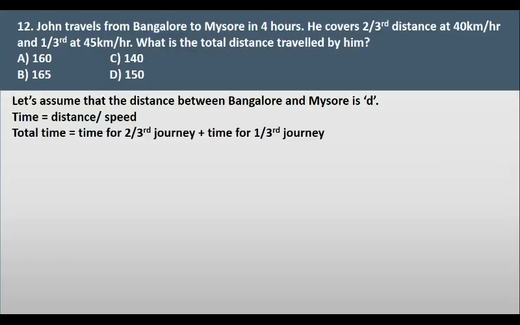The total time is equal to the time taken for 2/3 of his journey plus the time taken for 1/3 of his journey.